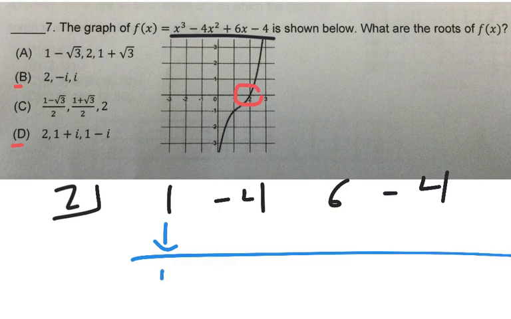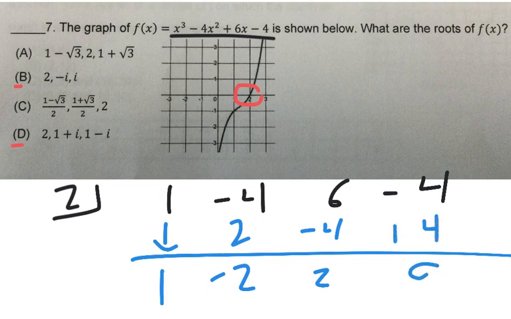Bring down the 1. Can I do this part without explaining it, or do I need to explain how to do synthetic again? 1 times 2 is 2. Combine, multiply, combine, multiply, combine. The problem is I can't do both at once. That's why I'm not explaining, because my brain doesn't let me do it.